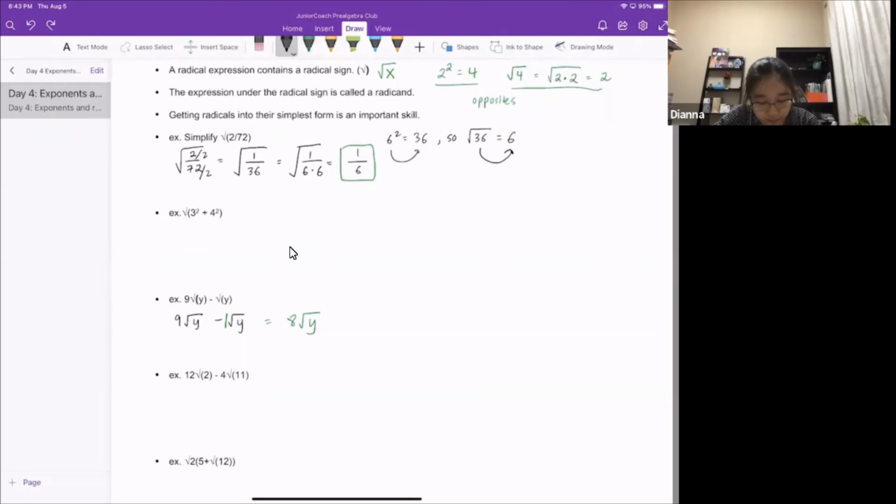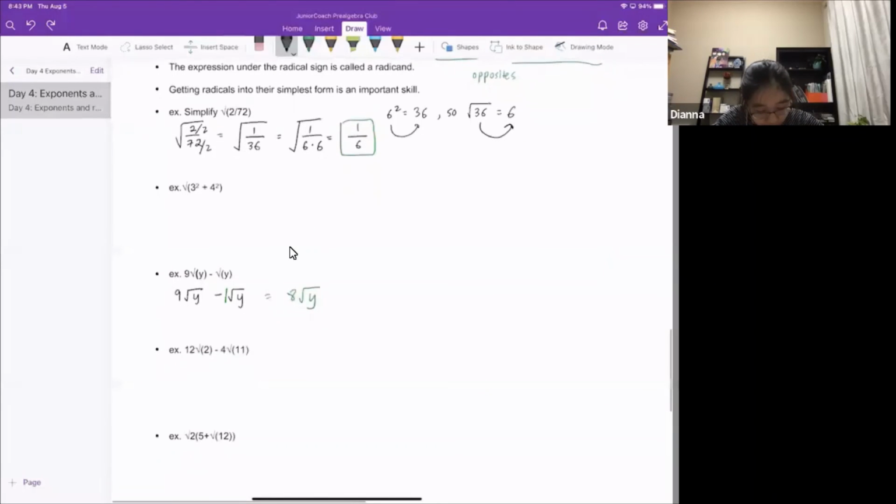I can only do this if the thing under the square root is the same. So if I had something like 12 root 2 minus 4 times the square root of 11, I could not simplify this. This is not possible, so I would just leave my answer like this.